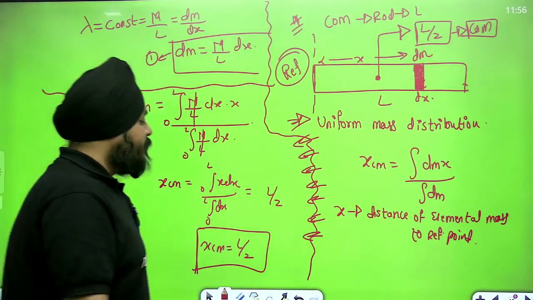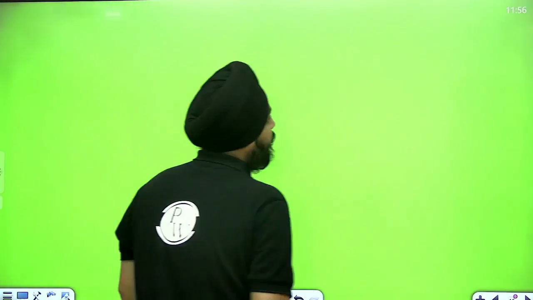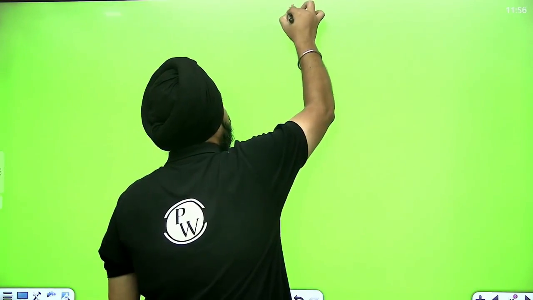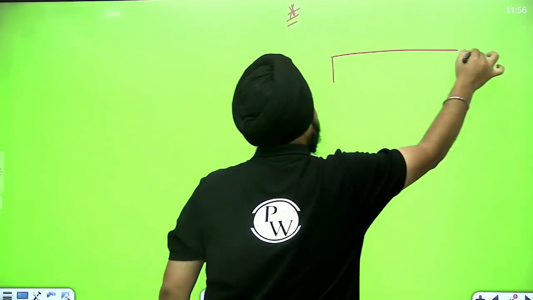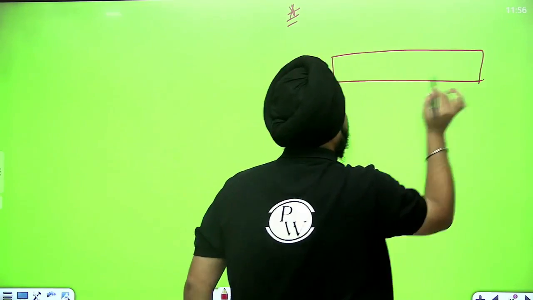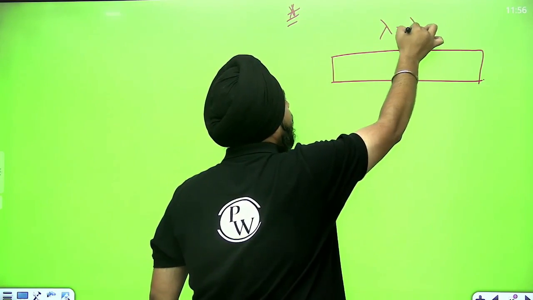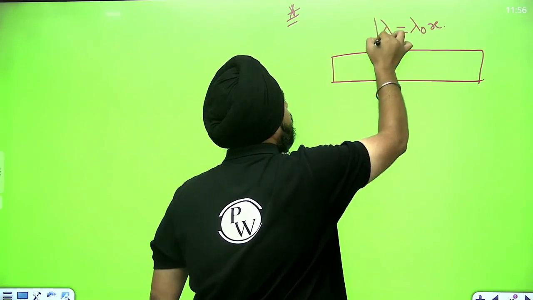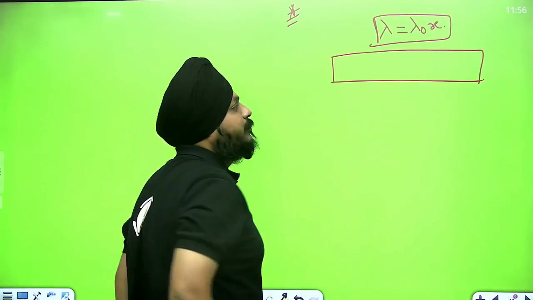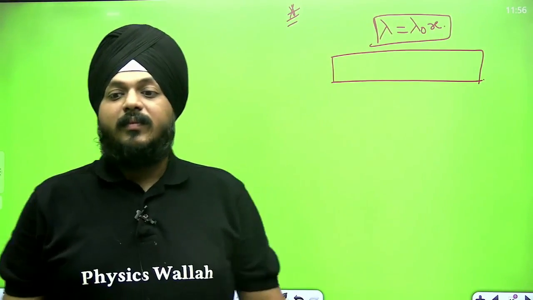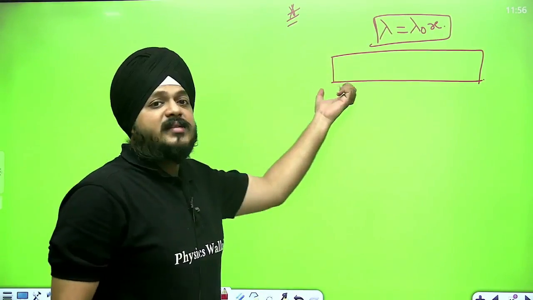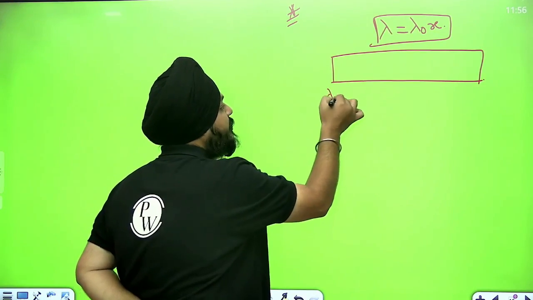Now some students might be thinking, sir, what is an example of non-uniform mass distribution? Linear mass density varies by this equation. At x = 0, density is lambda 0.